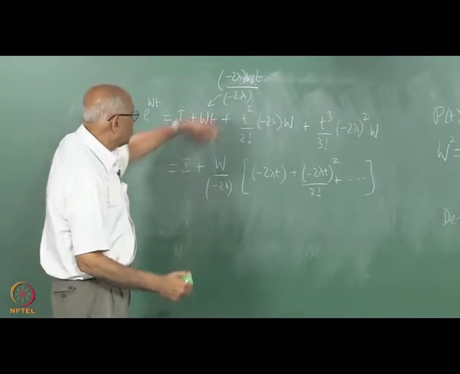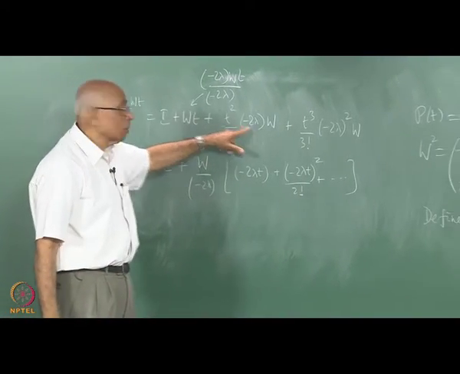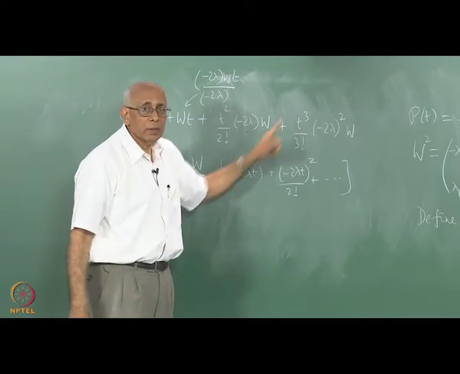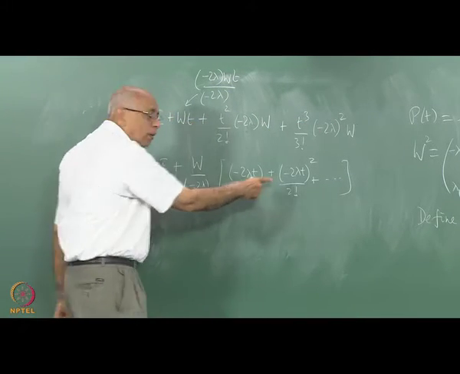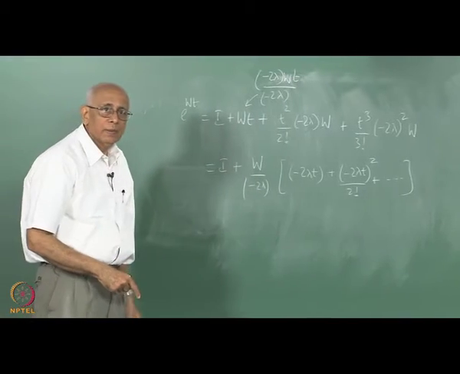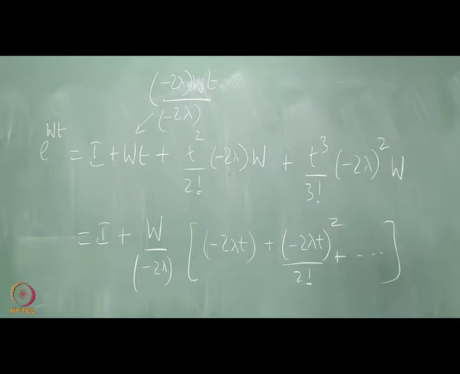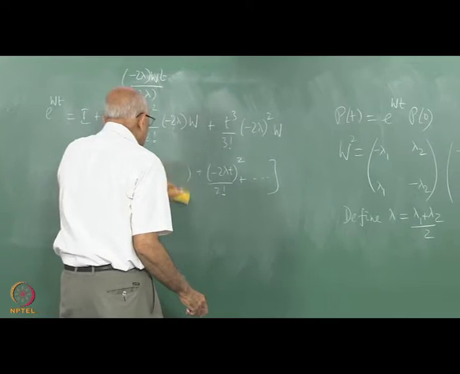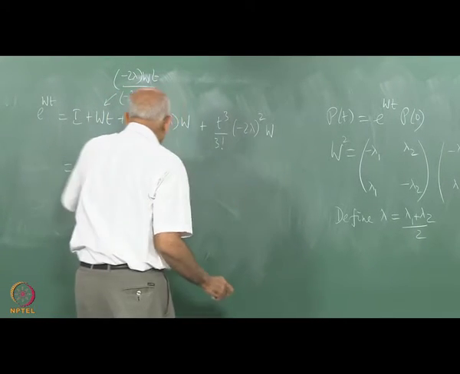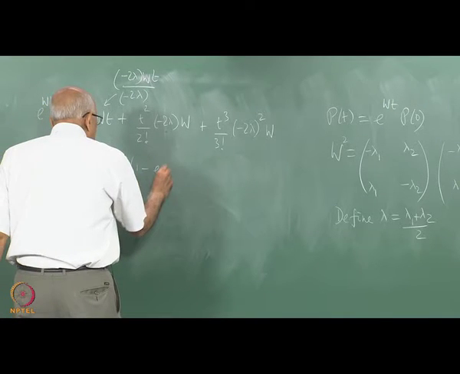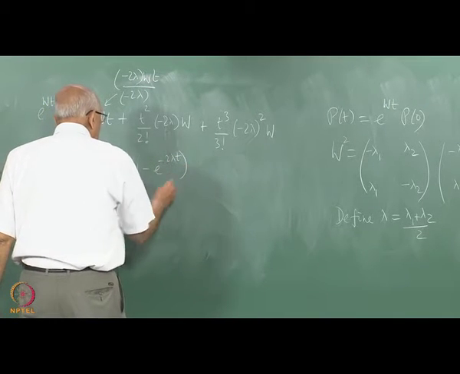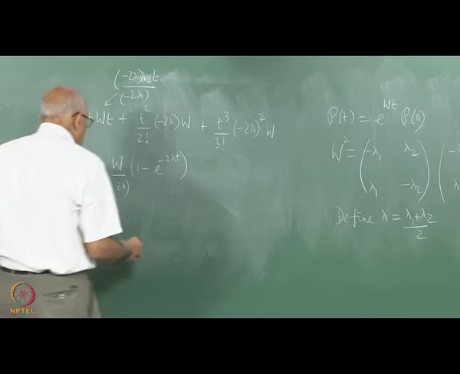I took out a minus 2 lambda, so let me put that back in here so that it matches this power out here. But what is this fellow? E to the minus 2 lambda t minus 1, right. So let us erase this, 1 minus e to the minus 2 lambda t, and get rid of the minus sign.